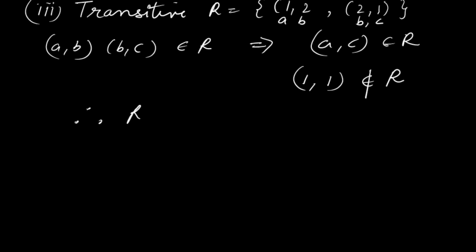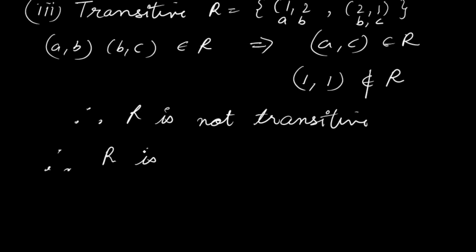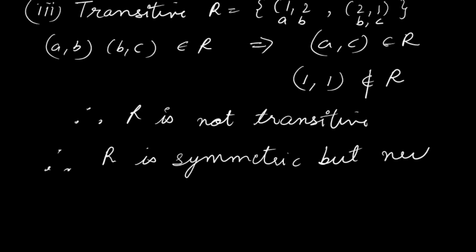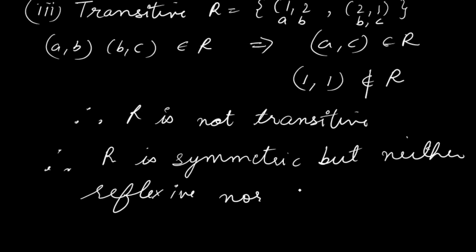Therefore R is not transitive. So we can write here: therefore relation R is symmetric but neither reflexive nor transitive. One sentence you can mention here.